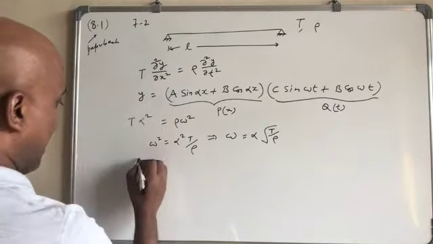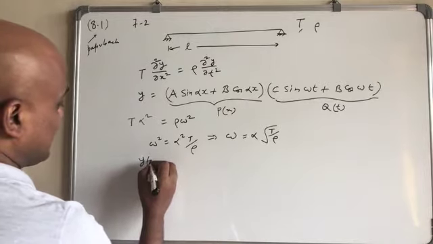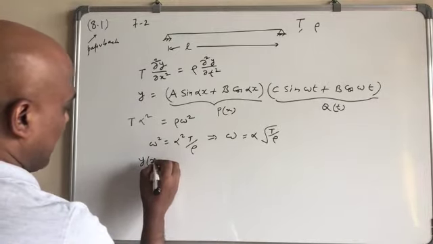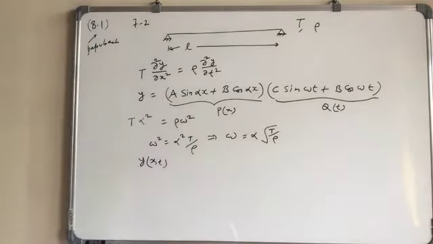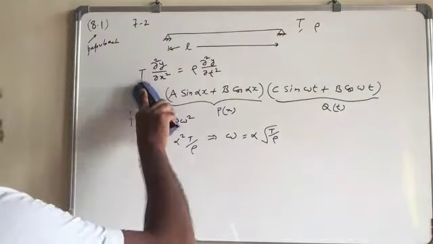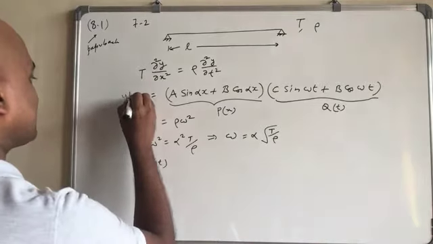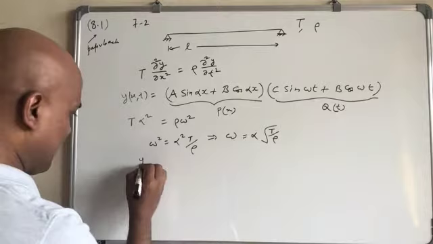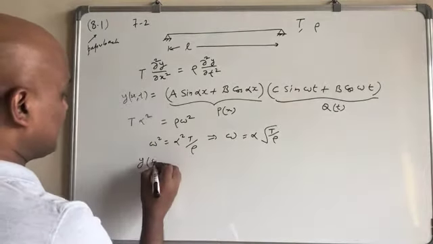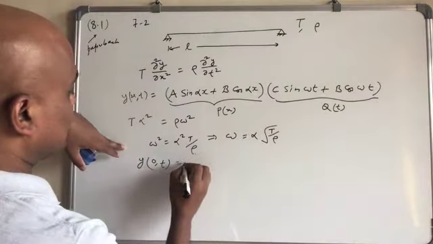So y is a function of x and t both, given by this expression. We write y as a function of x and t like this. At x equal to 0, y at all times is equal to 0.